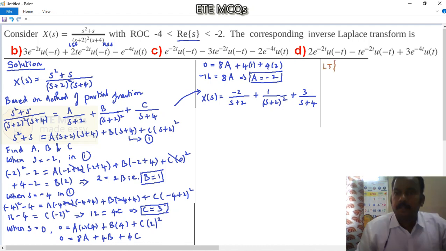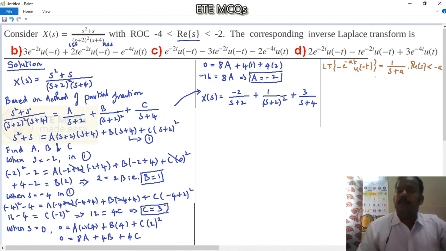Laplace transform of minus e power minus at into u of minus t is equal to 1 divided by s plus a, and whose ROC is real part of s, the pole is minus a, since it corresponds to a left-sided sequence, just put a less than sign. So this is your ROC.